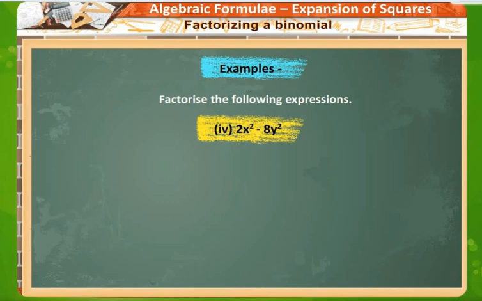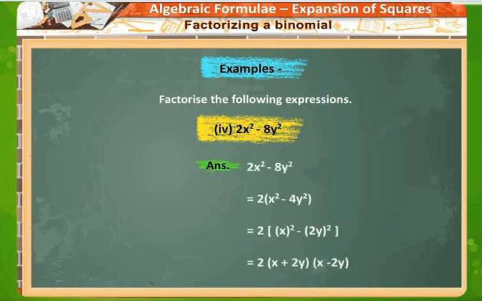Next sum 2x square minus 8y square. Now first we'll remove the common factors. If we remove 2 common, we will get 2 into x square minus 4y square. So 2 into bracket x plus 2y into x minus 2y.